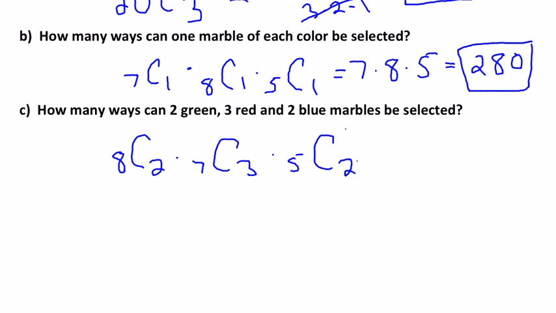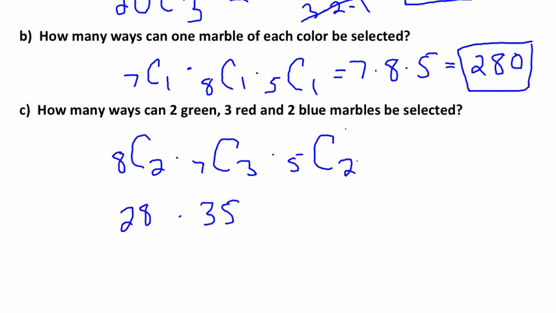It's an application of the fundamental theorem of counting, which just says that the ways that I can select the 2 green marbles are independent of the ways that I can select the 3 red marbles, which are independent of the ways I can select the 2 blue marbles. So I just calculate each of these out. 8 choose 2 is 28. 7 choose 3 is just 7 times 6 times 5 over 6, and so it's just 7 times 5, or 35.